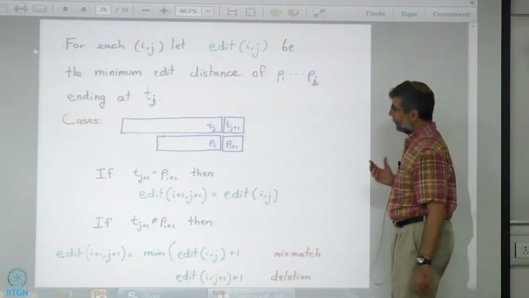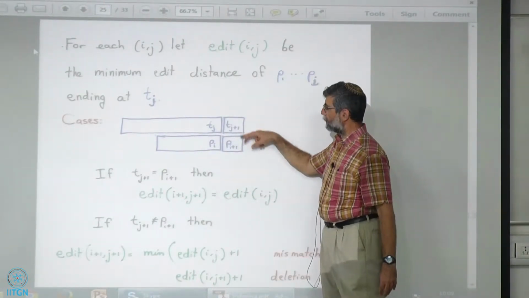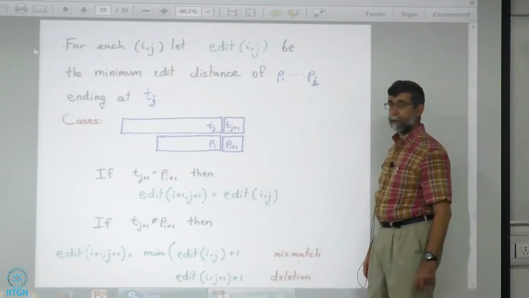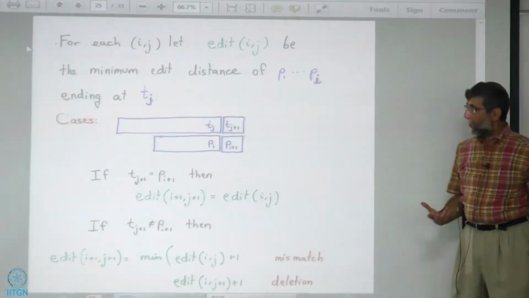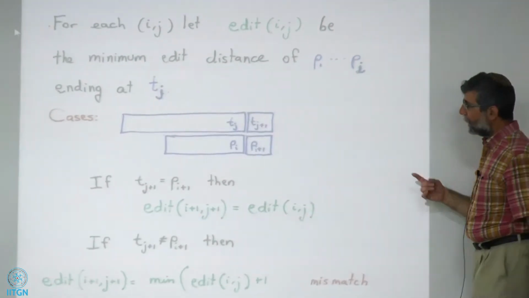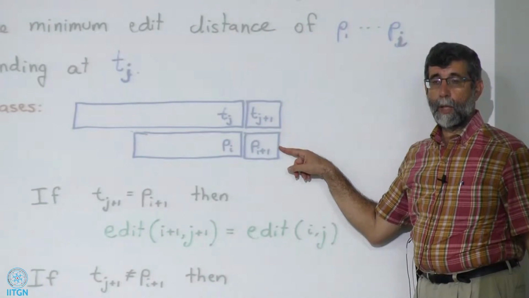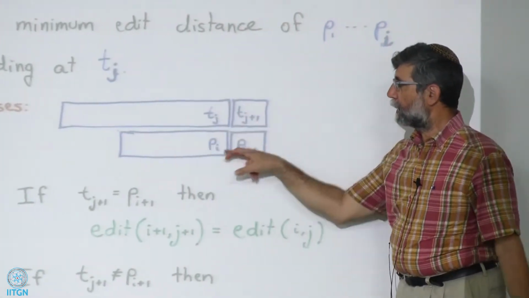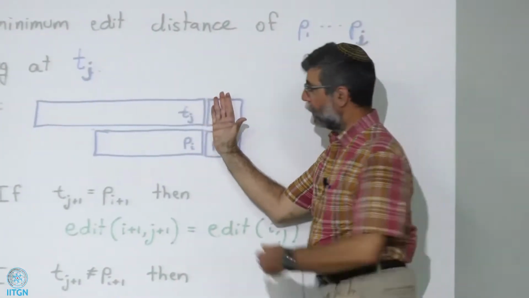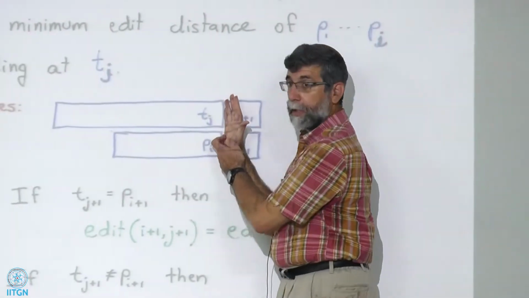But we now need to see what's happening for the next one, i plus 1 and j plus 1. Okay, so let's see. If T(j+1) is equal to P(i+1), then we already know what's the smallest number of changes that we need to make to the pattern in order to match the text here.